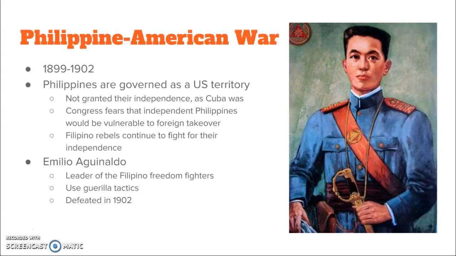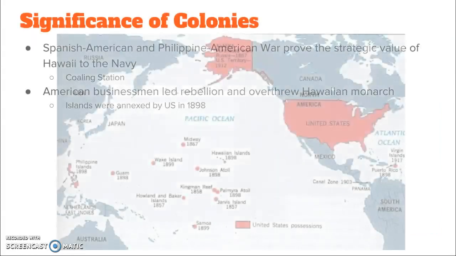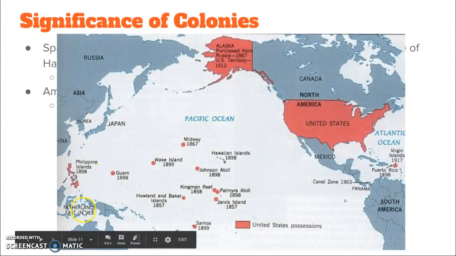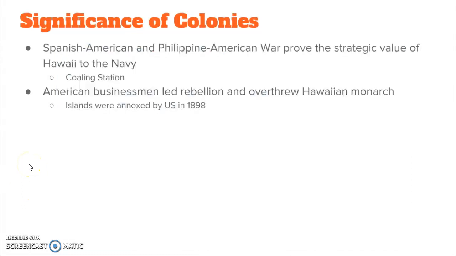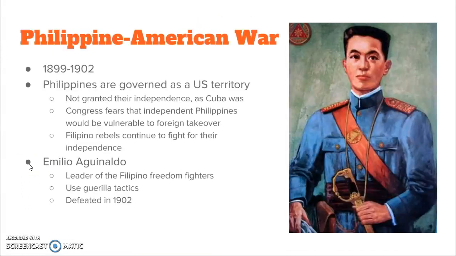The United States wants to govern it as a territory because, from a U.S. Congress point of view, if you look at the Philippines here, surrounded by the Dutch East Indies, and then France controls Indochina, which is kind of right here off the map, what you've got is the Netherlands and France surrounding the Philippines, and Congress fears that a free Philippines would be very vulnerable to foreign takeover.